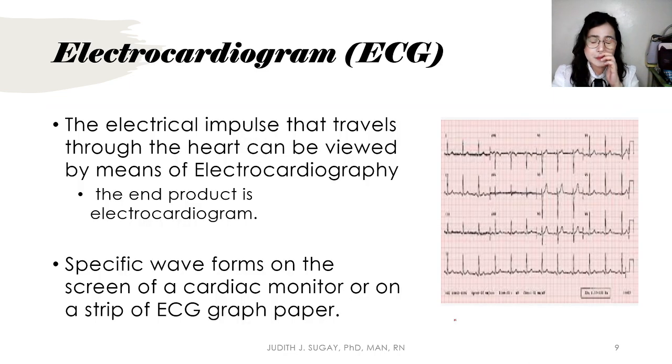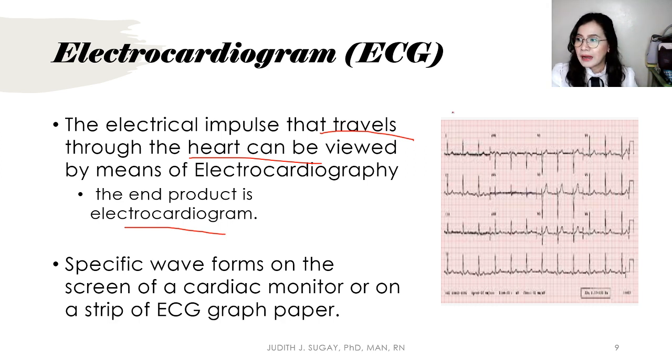So, moving on, a while ago we've discussed the PR interval, also some depolarization, and so many more. Let's now find more about those through ECG or electrocardiogram. The electrocardiogram refers to the electrical impulse that travels through the heart that can be viewed by means of electrocardiography. And the end product is the ECG, or electrocardiogram.